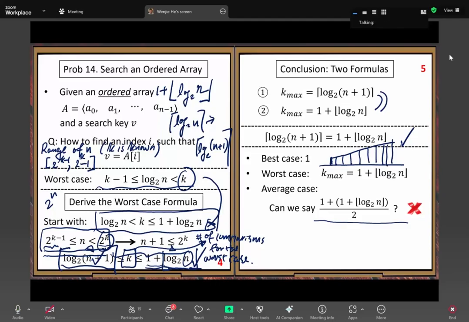But for our binary search, it's not like that. For binary search, the distribution is a curve.